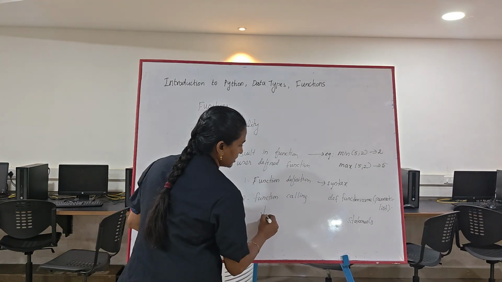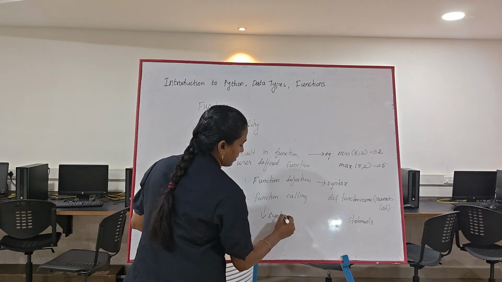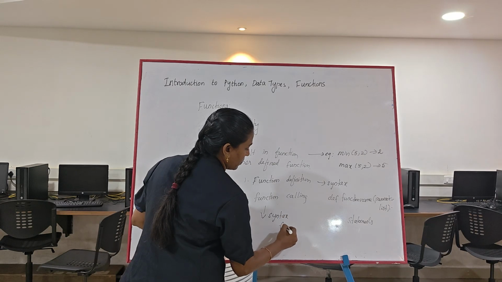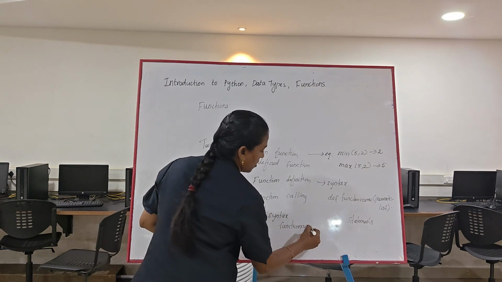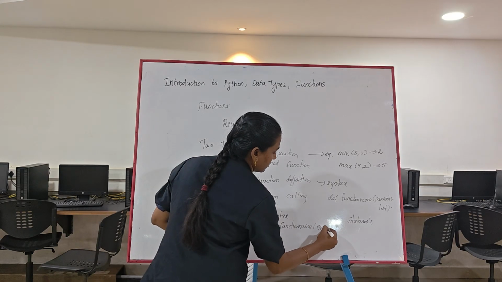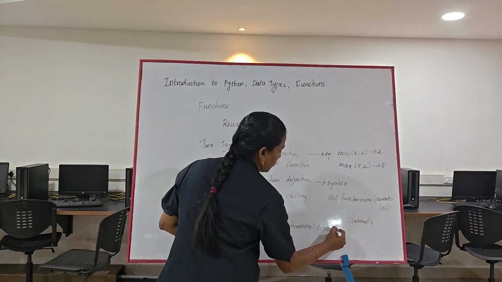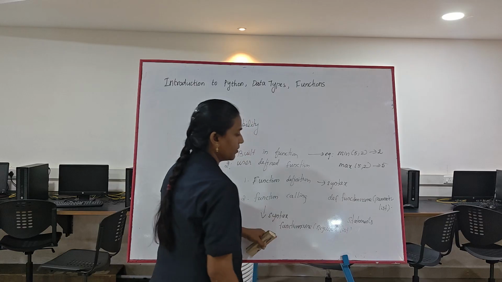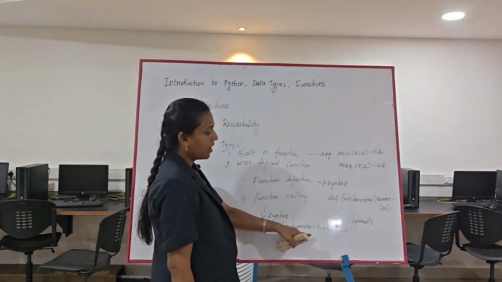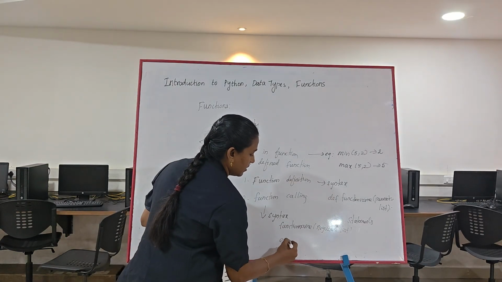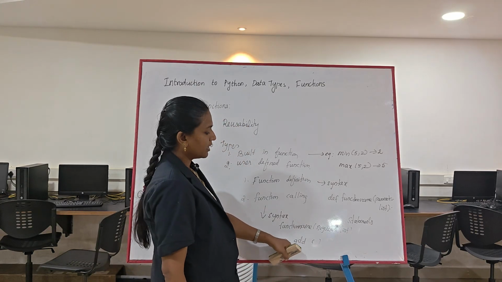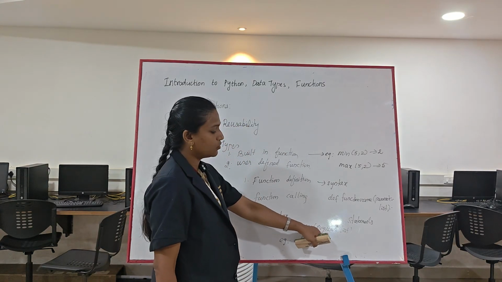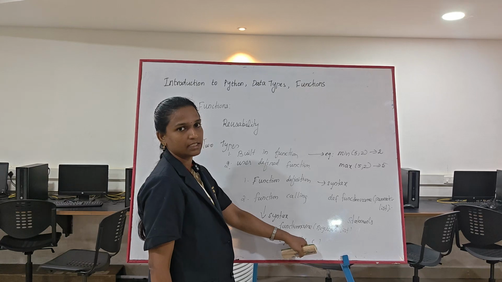The syntax for function calling is function name, argument list. Example, add. This is the function name. If there is any argument, we will use it, otherwise we will mention it like this.